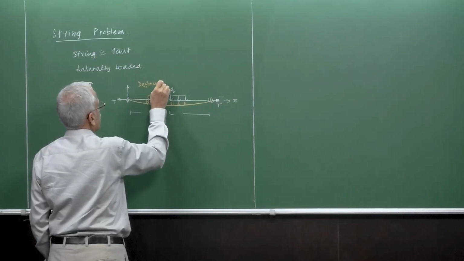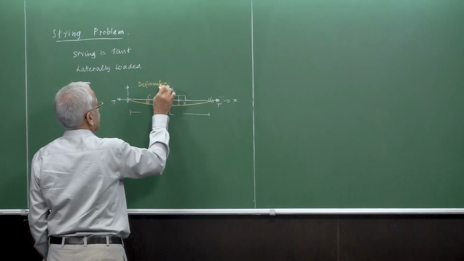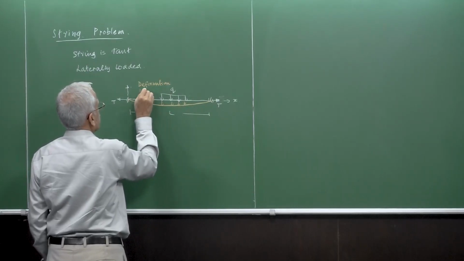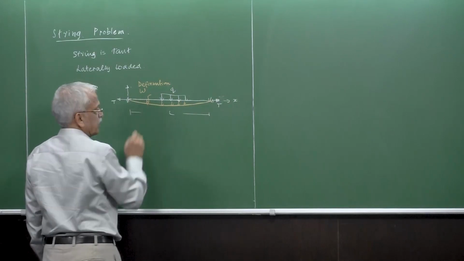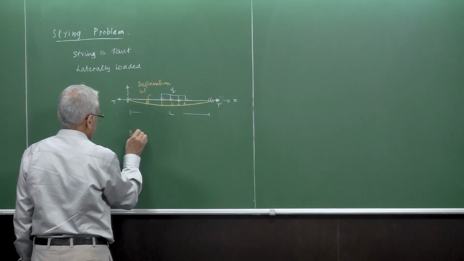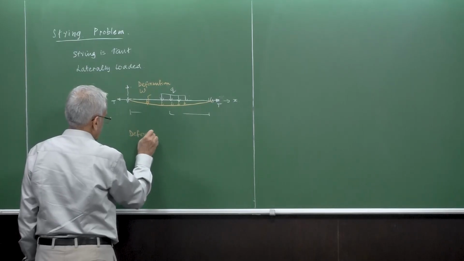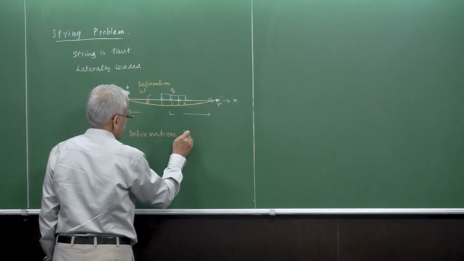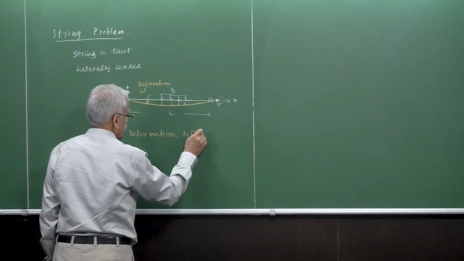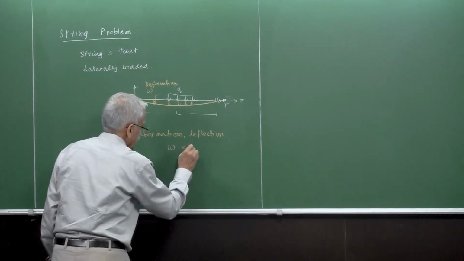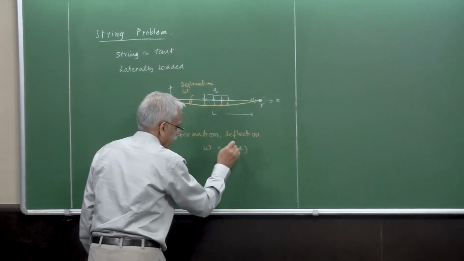Deformation, or you can call it deflection, and which is given by W. W is deformation or deflection, the more common term is W, which is a function of X.